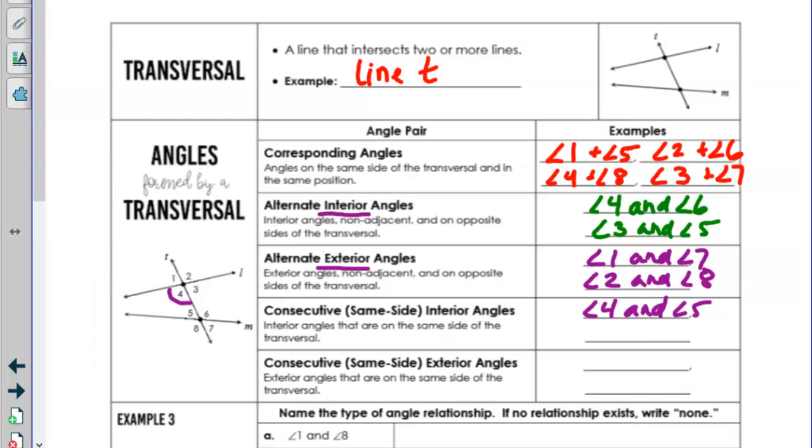What's the other pair then? 3 and 6. Very good. Alright, so we have the interior of that. Now we have the exterior. What would be the same side exterior angle pair? What's one of them? 1 and 8, very good. And what's the other pair? 2 and 7, good.